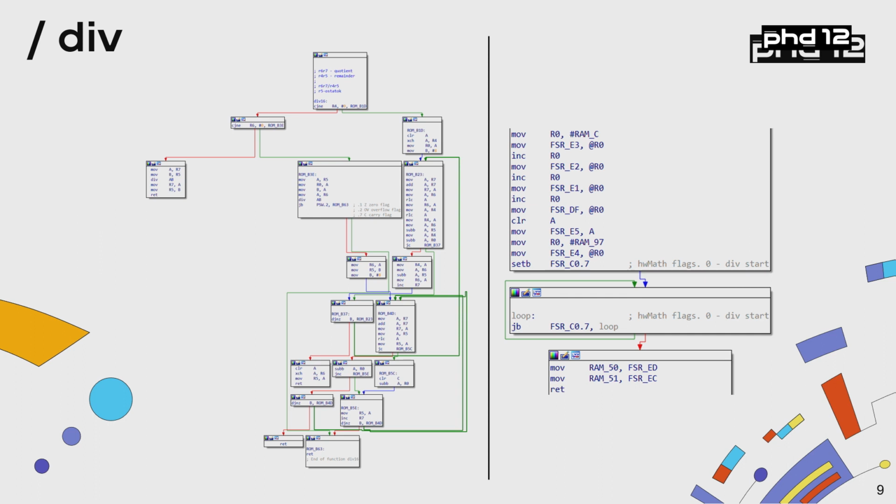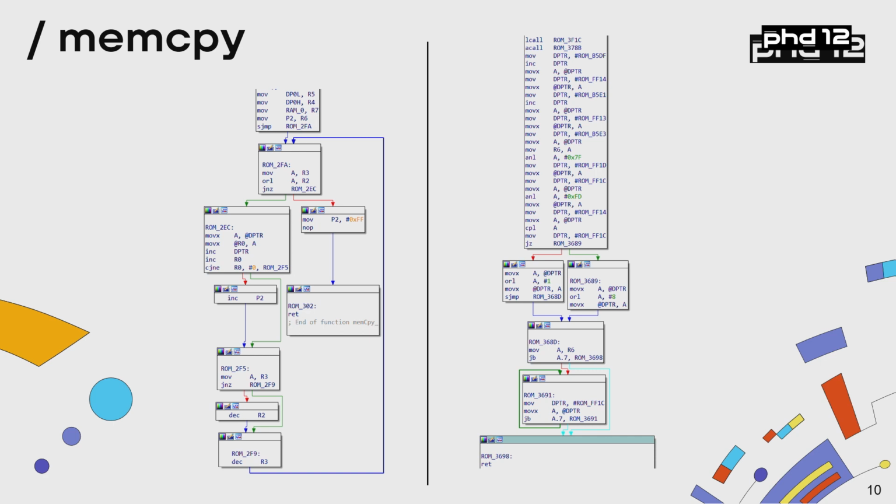Often you need to divide 32-bit or 64-bit values. As a software developer, you can rely on code to do that for you, but that will require a lot of memory. You see pretty much the same code on the right, but it's done by the hardware, not the software. This way, your controller will be running much faster.